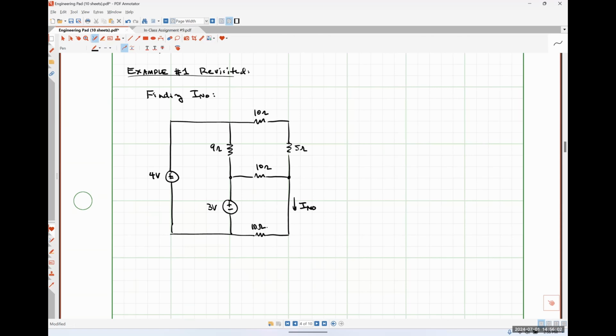Not to say that we couldn't do it using another circuit analysis technique like nodal or whatever, but because we're trying to find a current, mesh seems like a pretty reasonable analysis tool here. So let's call this mesh current IA, this mesh current IB. And because this bottom right-hand path is now closed, we will have a third mesh current IC that we have to worry about.